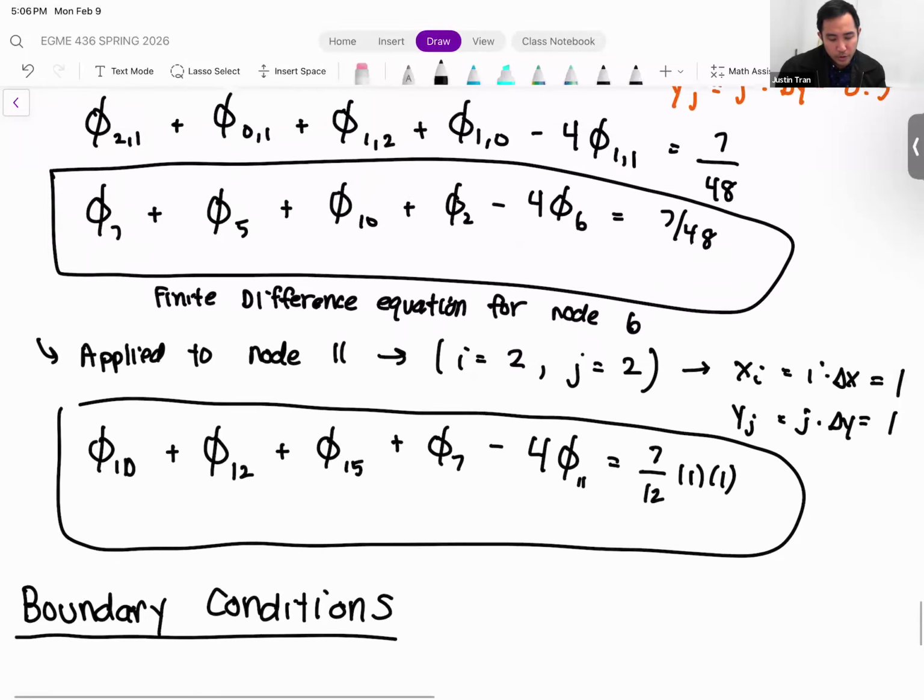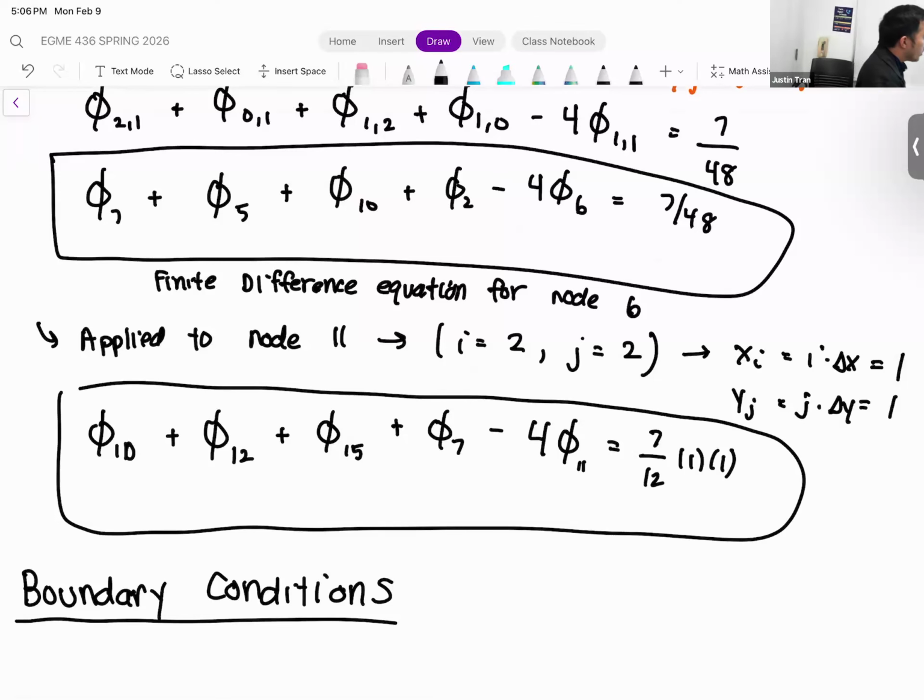If you notice, in the previous example, we applied our finite difference equation only to nodes that had neighbors on every single side.